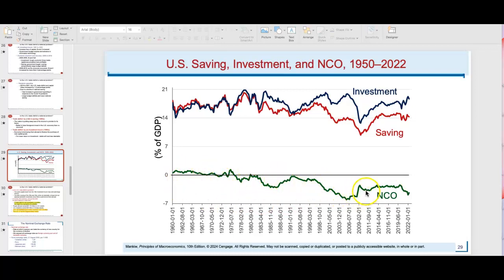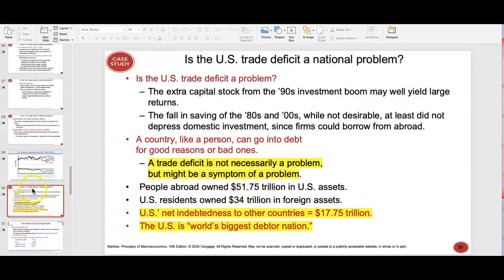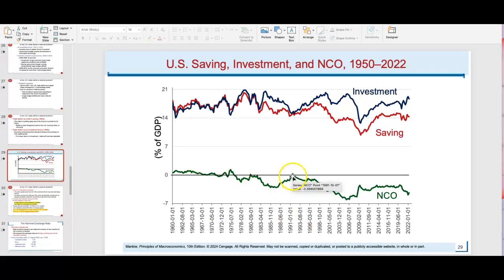So we've had this decrease in net capital outflow, which means that the net capital outflow is negative, below zero. So look at this line. It's been below zero in the 70s. It went up a bit. Then in the 80s, it went really down. And then it went a little bit up in the beginning of the 90s, and then it really dipped here with the recession.